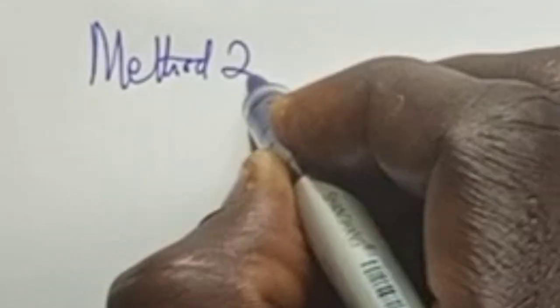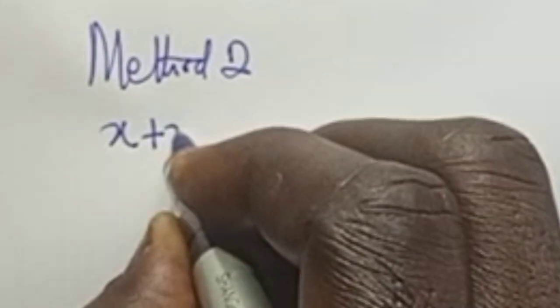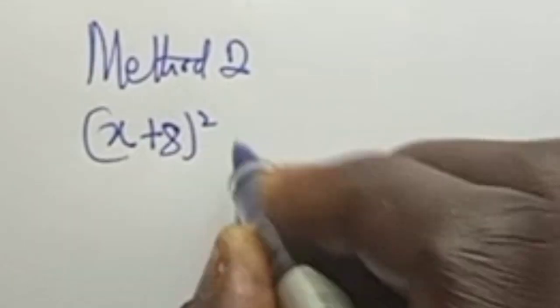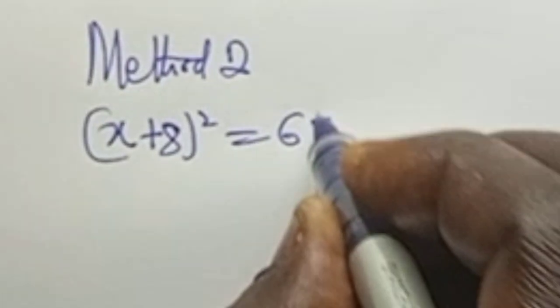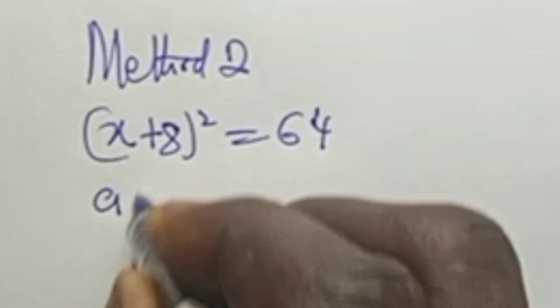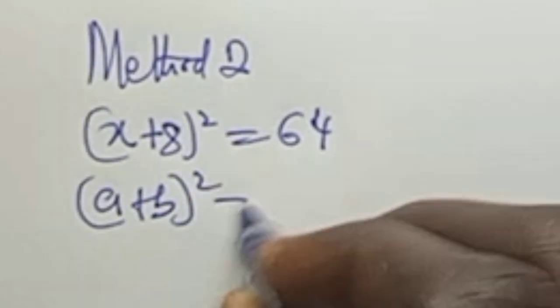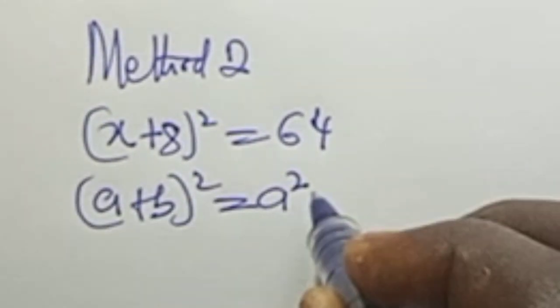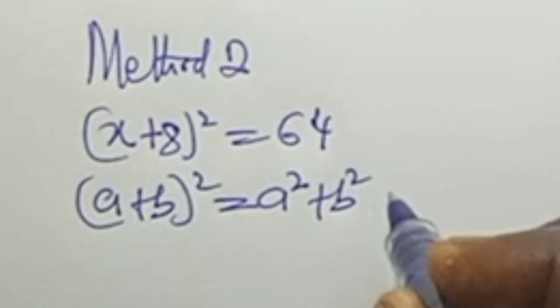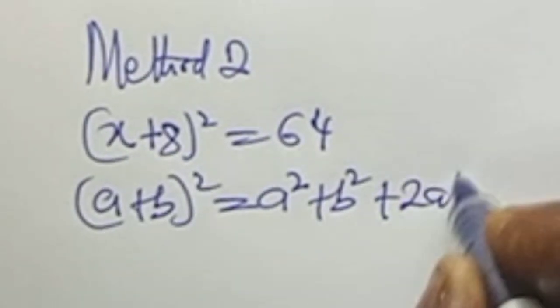And method 2, we're going to write as (x + 8)² is equal to 64. But (a + b)² is equal to a² + b² + 2ab.